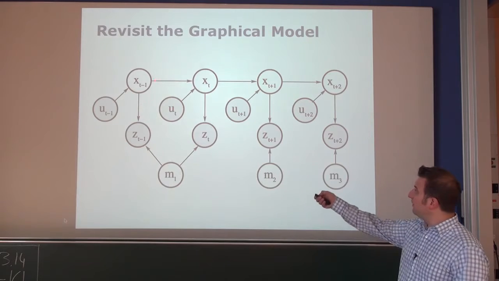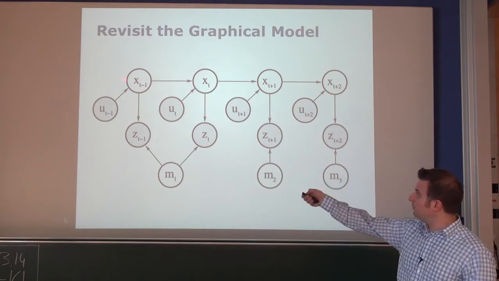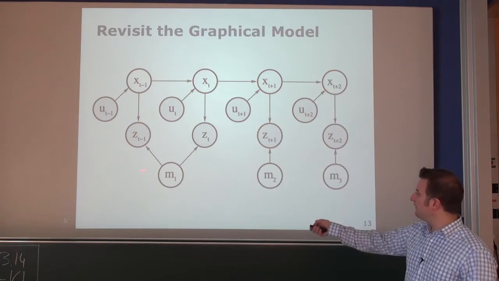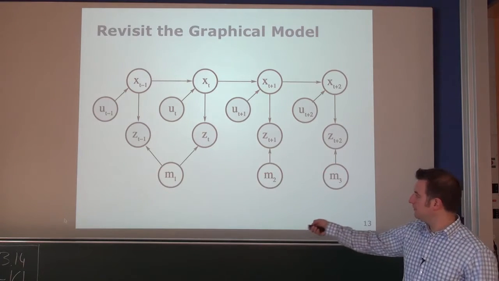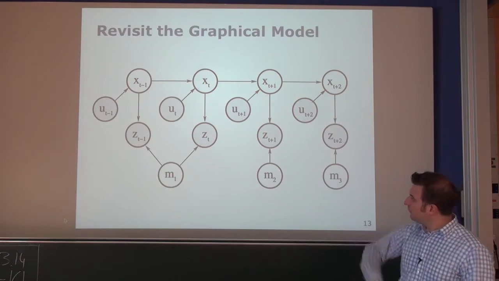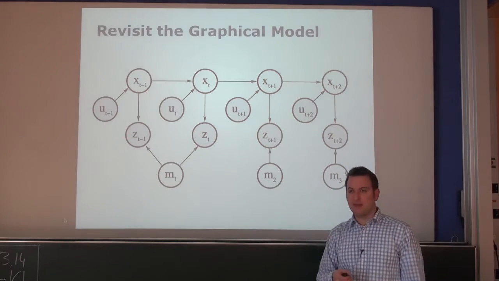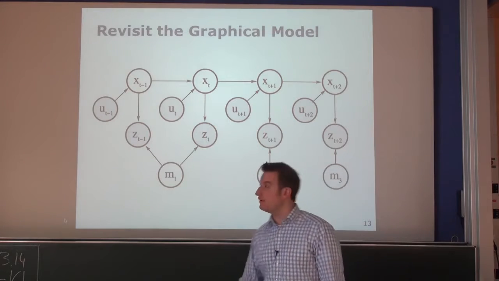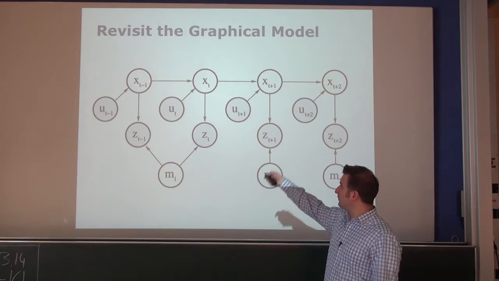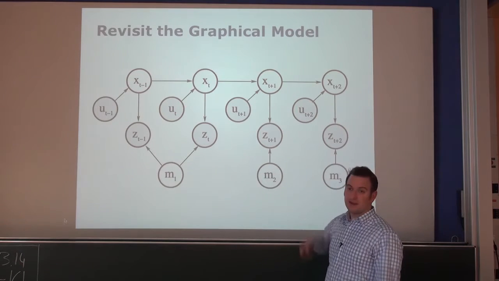So we have here the poses of the robot, x, which I want to estimate. I have the landmarks down here, the observations, and the controls. What this says is, read these arrows as influences. So x_{t-1} influences x_t, as well as u_t influences x_t.